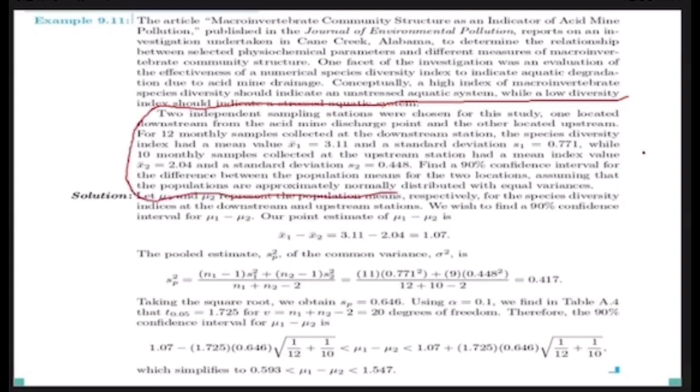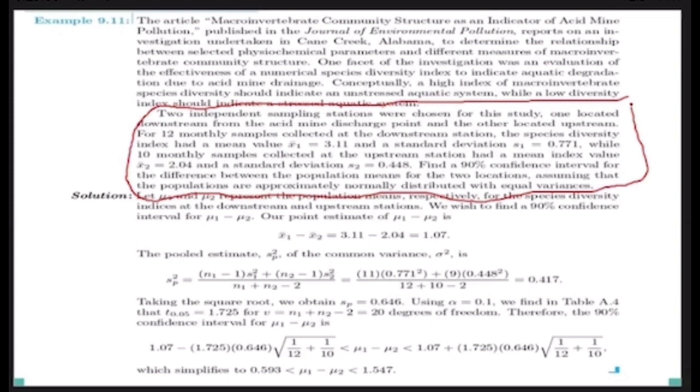This was published in the Journal of Environmental Pollution, and reports on an investigation undertaken in Cane Creek, Alabama, United States, to determine the relationship between the selected physiochemical parameters and different measures of microinvertebrate community structure.